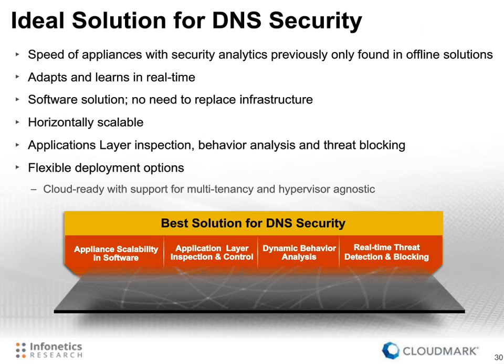So Cloudmark's solution for DNS security: going back to what we just talked about, we feel that you need a dedicated security layer in front of DNS. You can't just rely on network appliances doing all of this other traffic analysis, which is not granular enough. You can't just rely on your DNS infrastructure, whether it's open source or from a vendor. You need a dedicated security layer, similar to what we see in email with dedicated email security layers or web application firewalls.